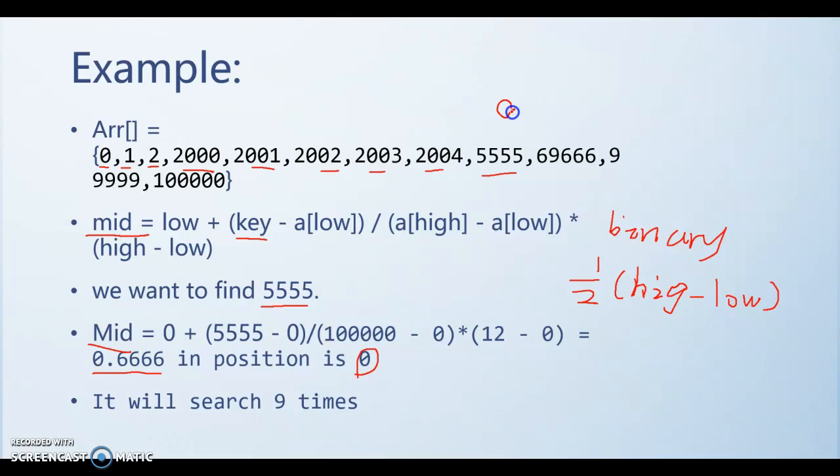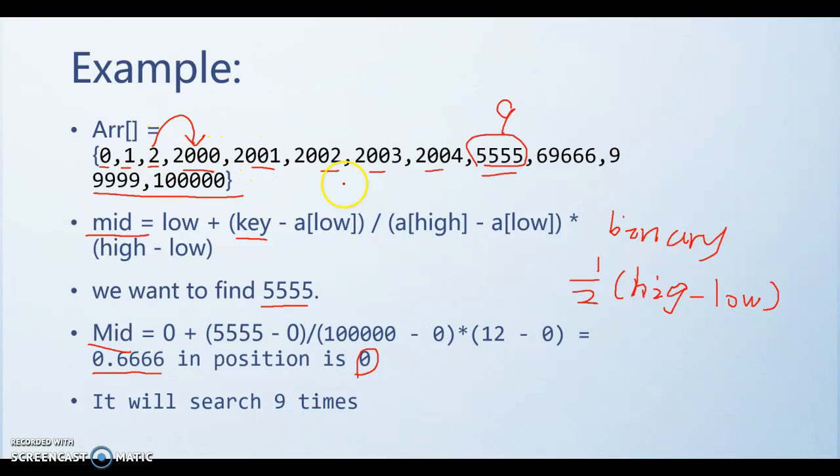So we have 9 steps to search from the 0 index to what we want to find. I think you have already noticed that this example is the worst case, because we jump from 2 to 2000, which is a huge gap between two numbers.